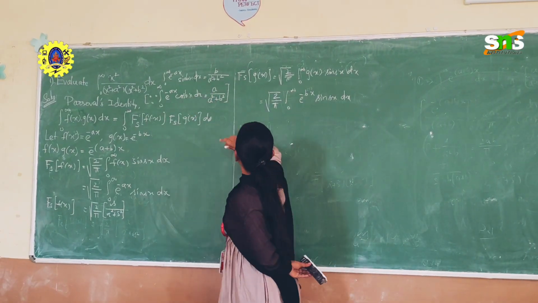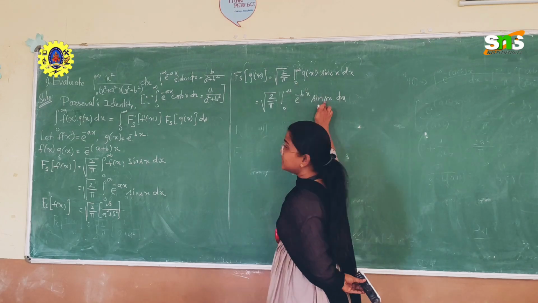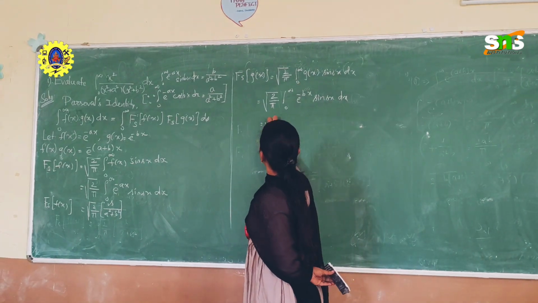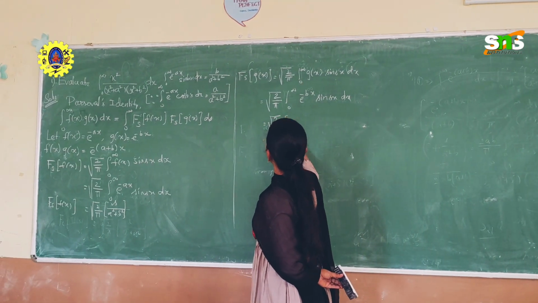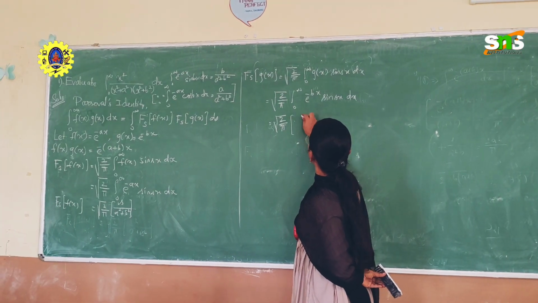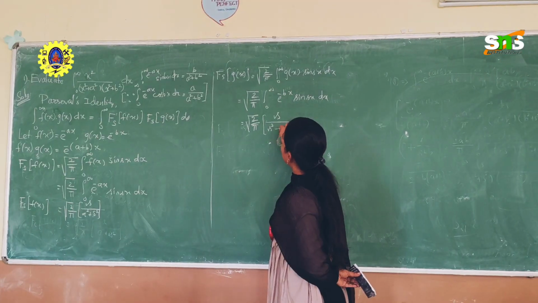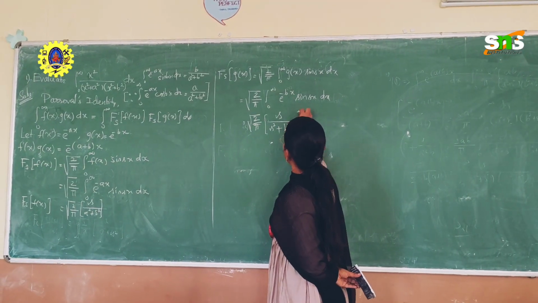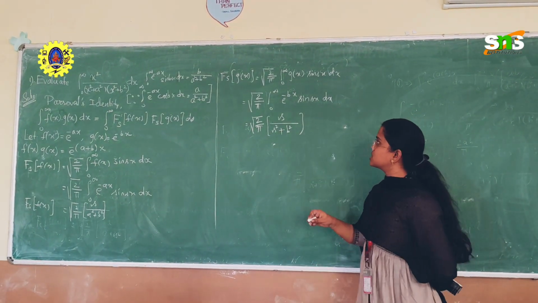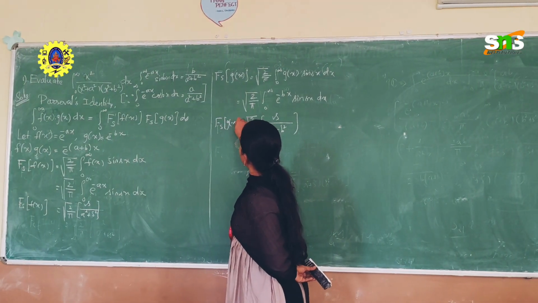Instead of a, you have to substitute b. Instead of b, you have to substitute s, right? So which is equal to root of 2 divided by pi, s divided by b square plus s square. So this is your Fourier sine transform of g of x.